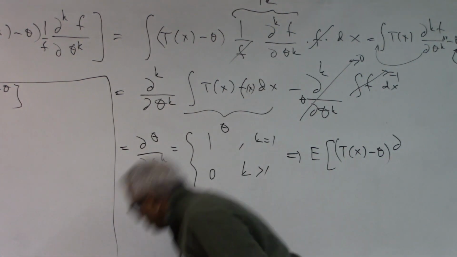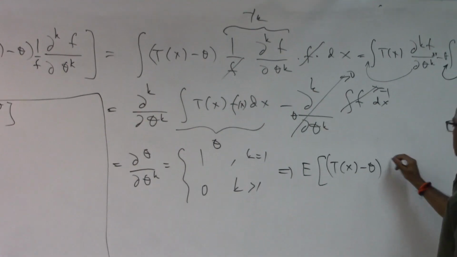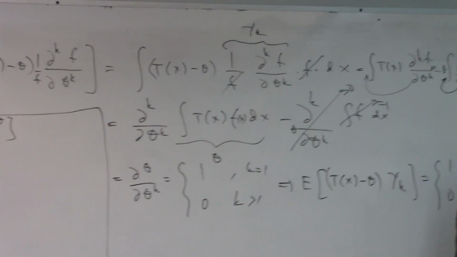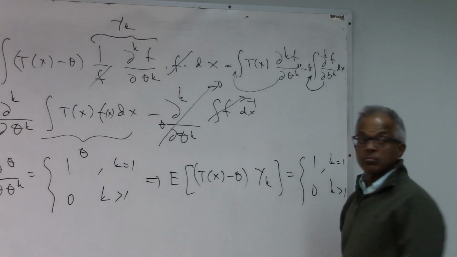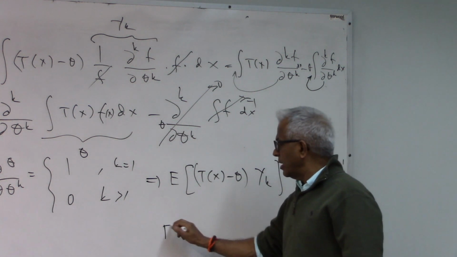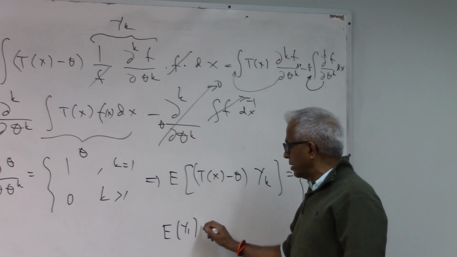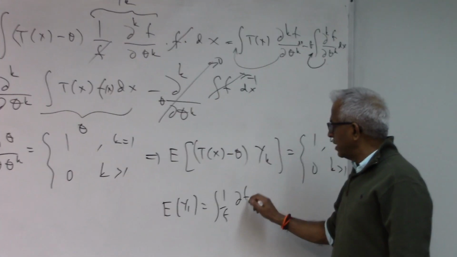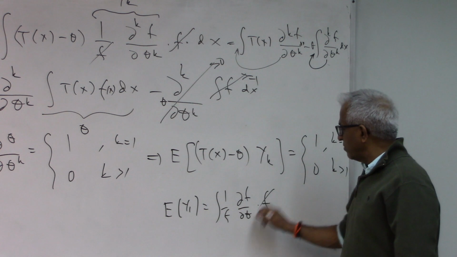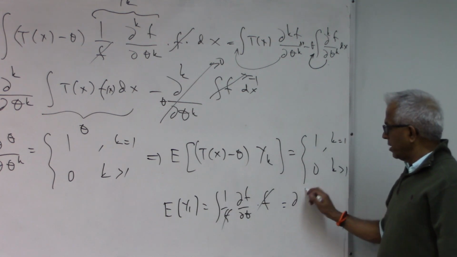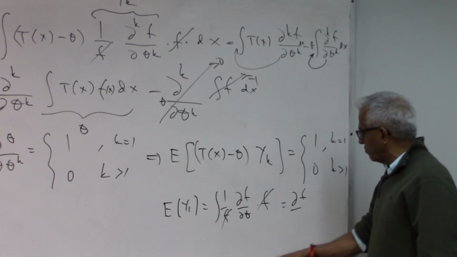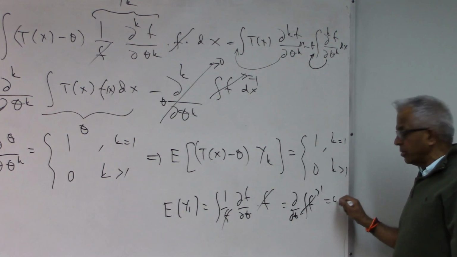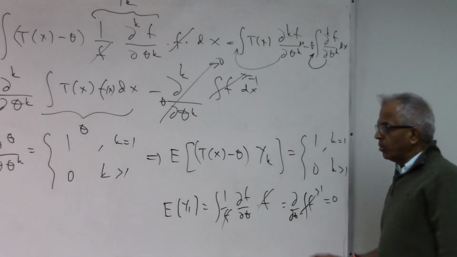The expected value of y1 is the integral of 1 over f df by d theta multiplied by f. F cancels. It will be d by d theta of the integral of f, but this is 1, so that will be 0. All the y will be 0.